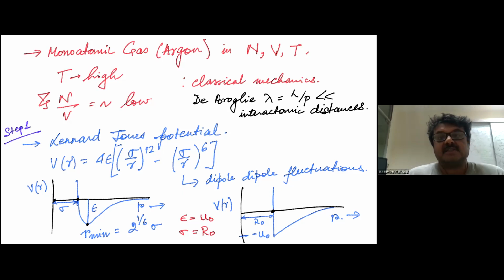At very high densities, if N by V is very high, then you will have all liquid. If N by V is very low, then you will have the entire box full of gas.